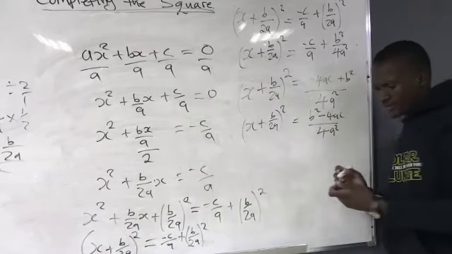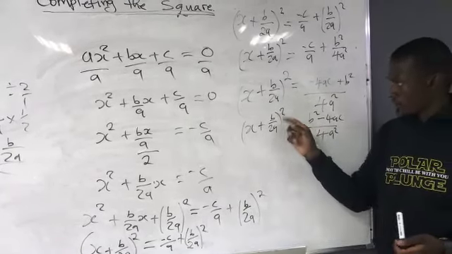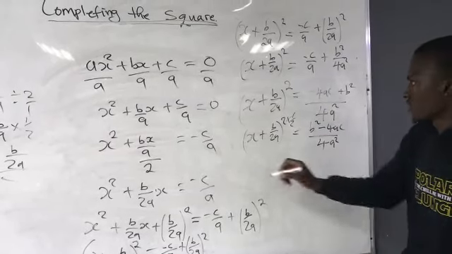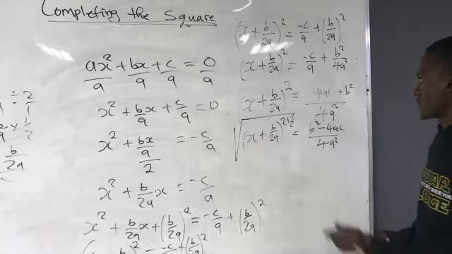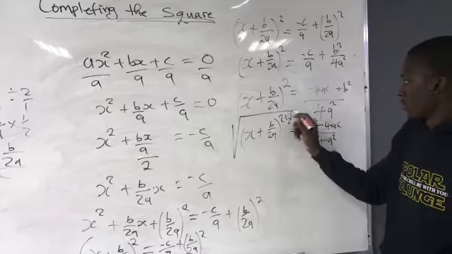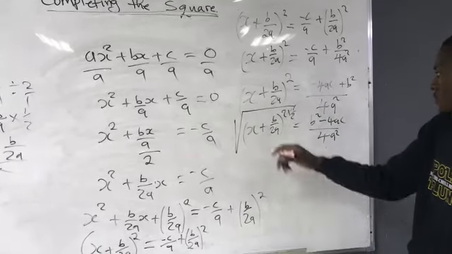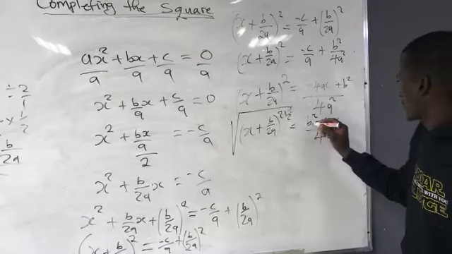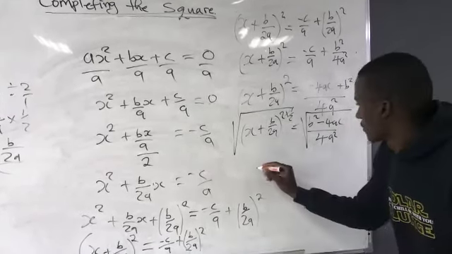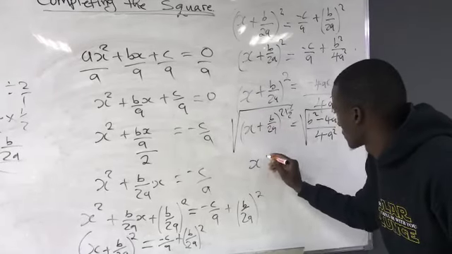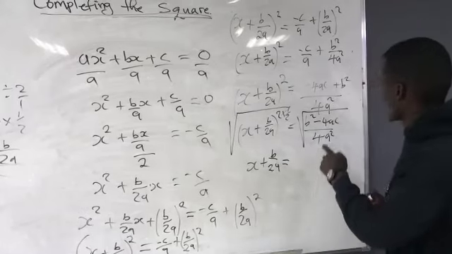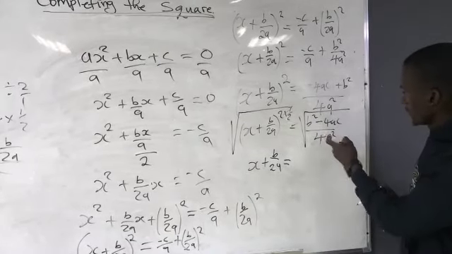So here, there's an interesting thing. If you see, there's a 2 there. For you to get rid of this power of 2, we'll just introduce the square root. Since square roots are in indices, you guys did indices, so I'm assuming you know all this. Just write the square root, it's going to cancel the 2 there. You also introduce the square root here as well. So when you square root that, you're going to get x plus b over 2a is equal to this on top here, it's a fraction here.